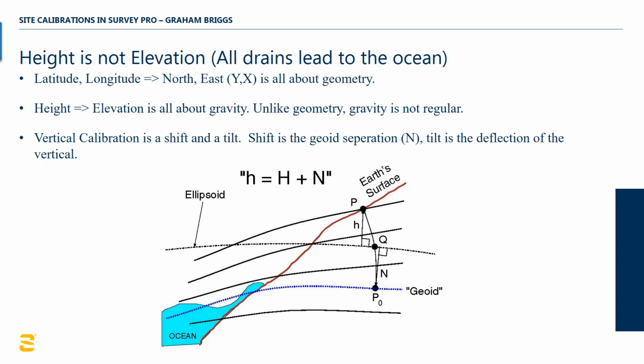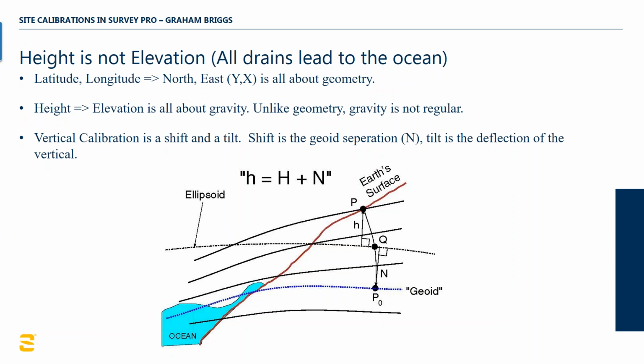So maybe you've seen this graphic before. I stole this from the NGS's website as an official source to describe the concept. In all of the previous examples where you saw the project area and the top-down plane, when you're thinking about the horizontal calibration, which again is that similarity transform, that is a physical reality that's all about geometry.